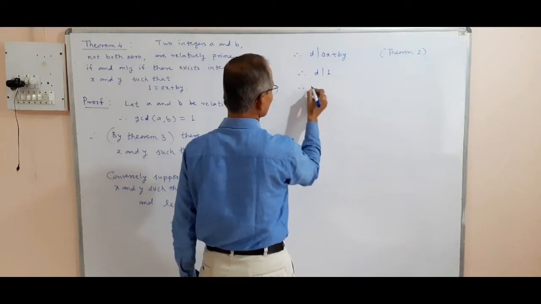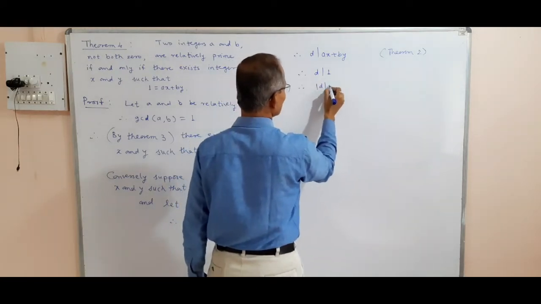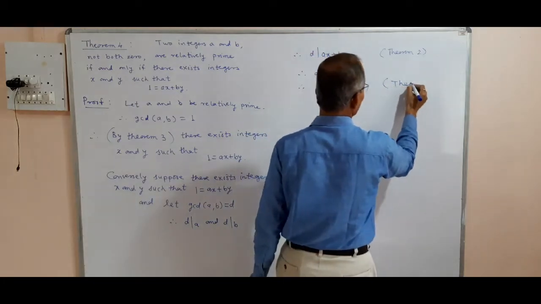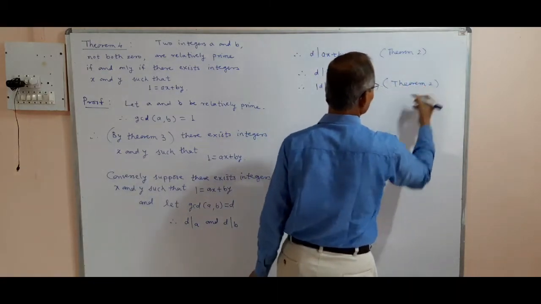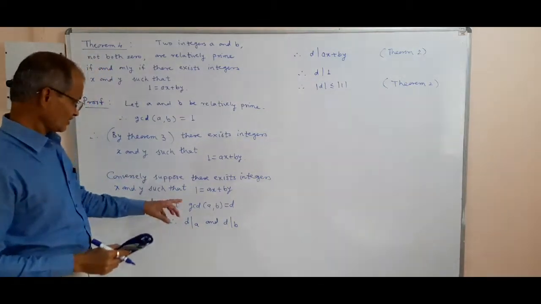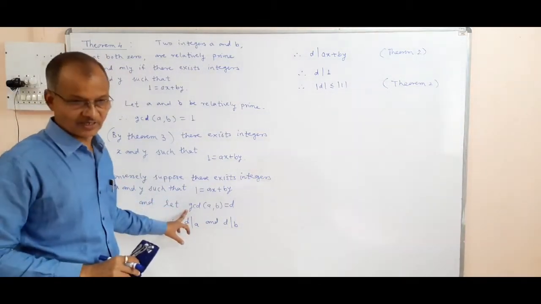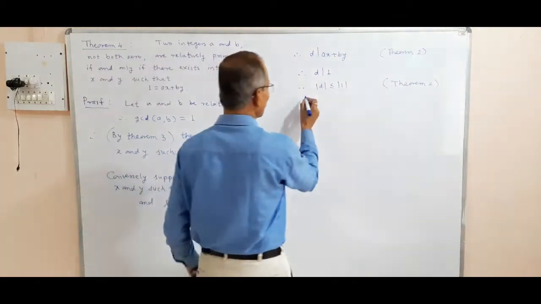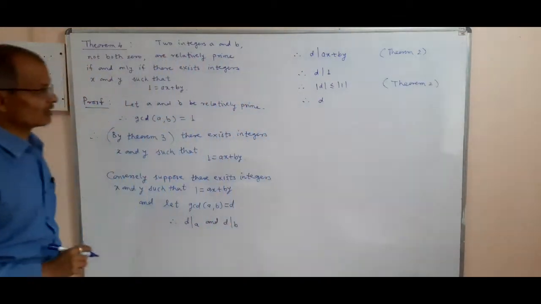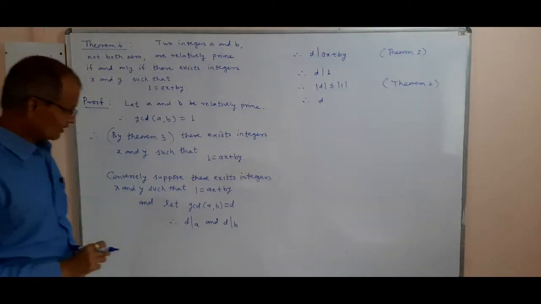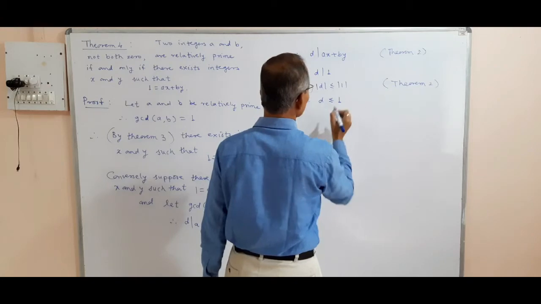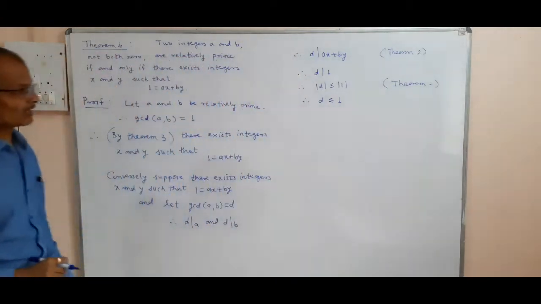And again this implies modulus of d is less than or equal to modulus of 1. We have proved these results in theorem 2. And because d is the greatest common divisor, it is positive, 1 is positive, and therefore d is less than or equal to 1.